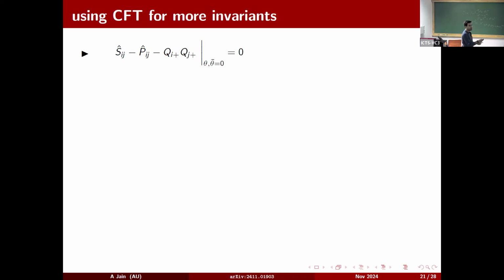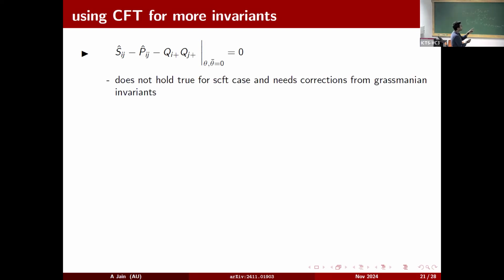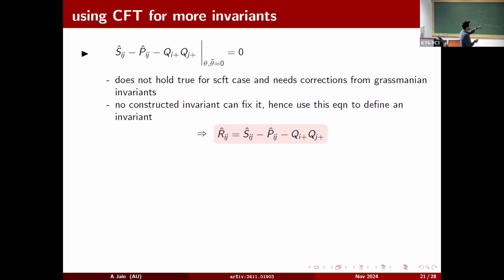In the superconformal case, on the right hand side, I'll have a completely Grassmannian structure. Turns out I do not have any invariant that I made which can fix this on the right hand side, a Grassmannian structure, which means this actually defines for me a new Grassmannian structure. This whole thing is now a Grassmannian structure because in the conformal case, it goes to 0.